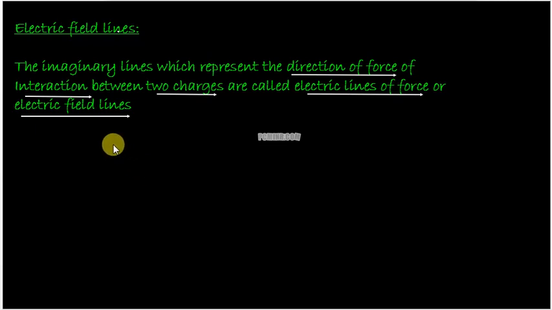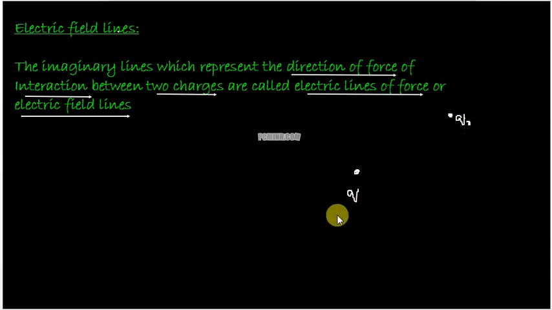So we know one thing, that if I have a unit charge Q placed here, or any test charge, and I have another observation charge, we have defined that this charge is going to exert a force of attraction or repulsion on this charge Q naught, which we are going to observe.